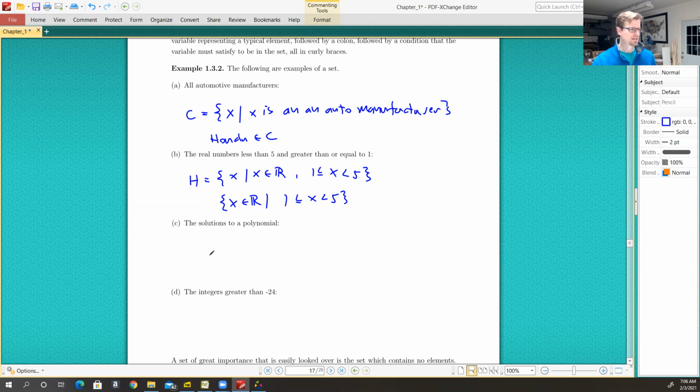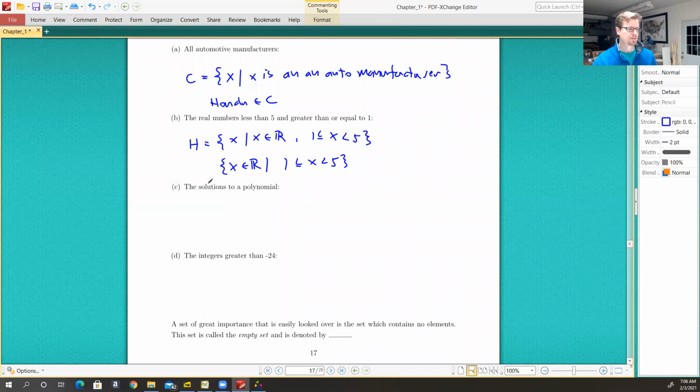All right, let's see here. Solutions to a polynomial. Excellent. So there are a couple different ways that we could write this. If you want only the integer solutions to a polynomial, you might say that X belongs to the integers. So that way we know we're looking at integer solutions to a polynomial.